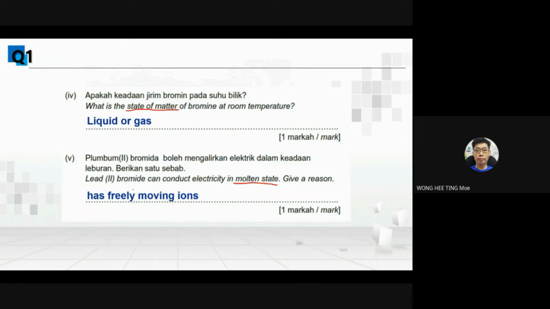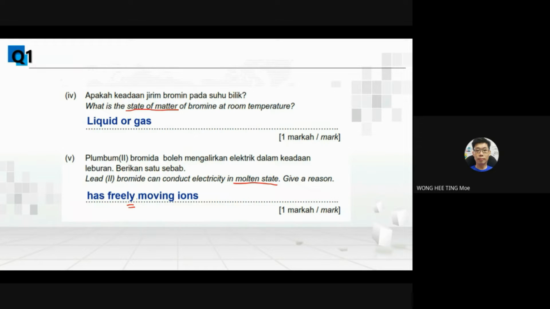I would like you to put this one. We don't encourage students to write free, like free of charge. We encourage students to write freely moving ions.